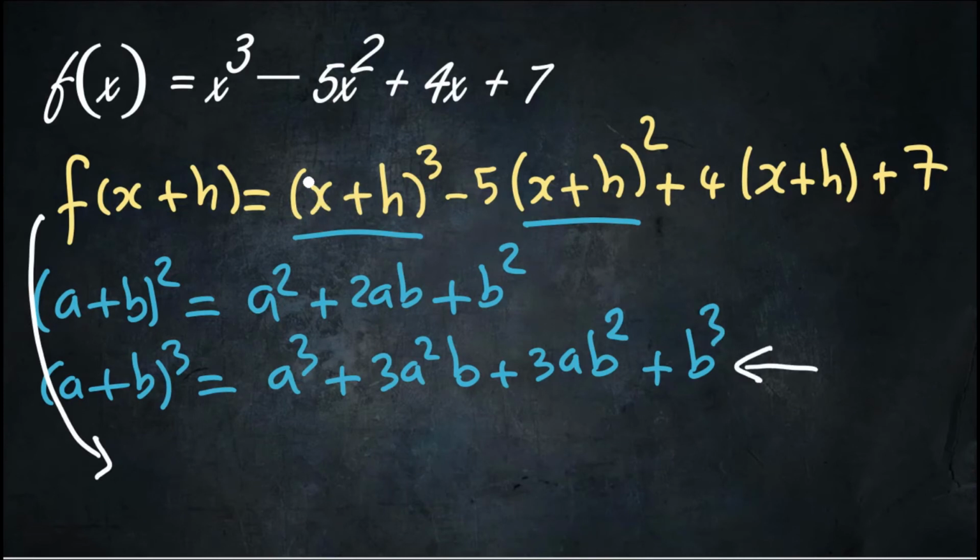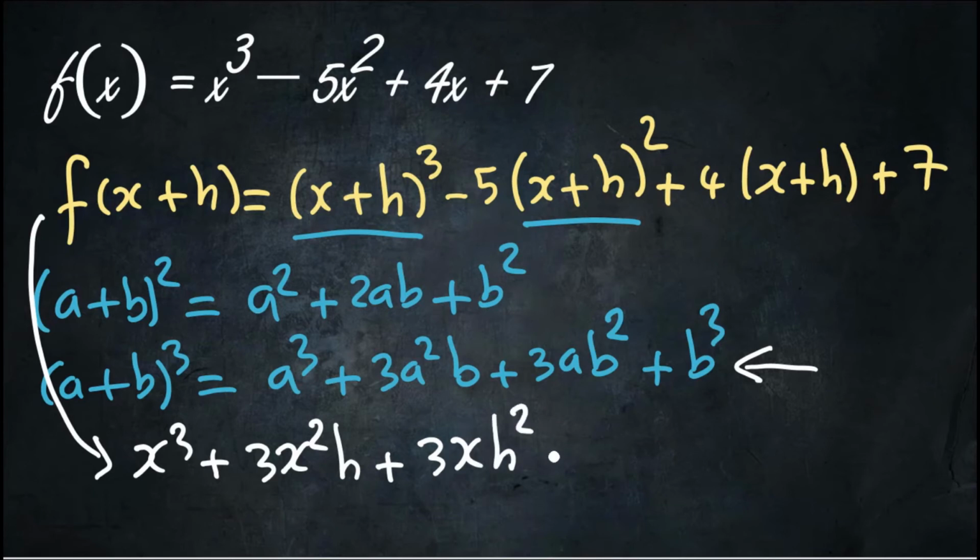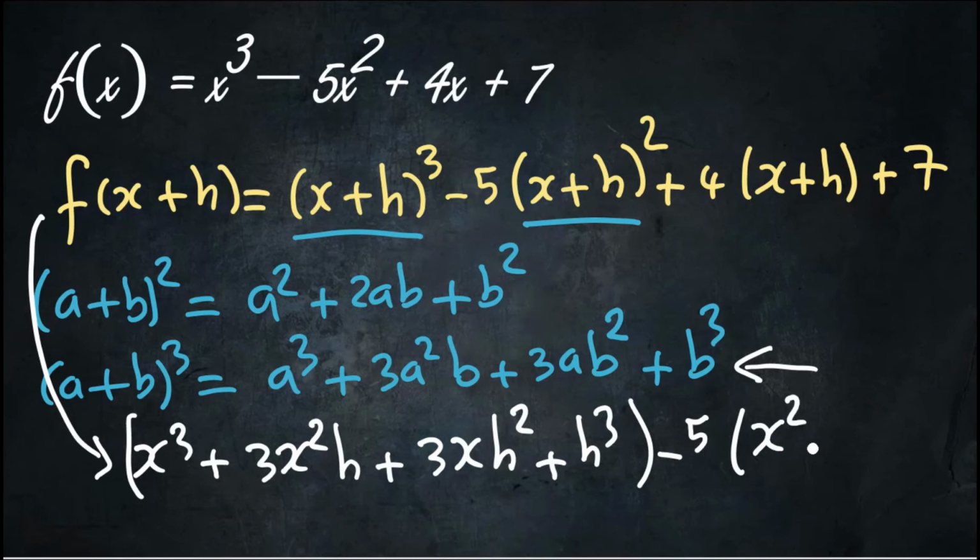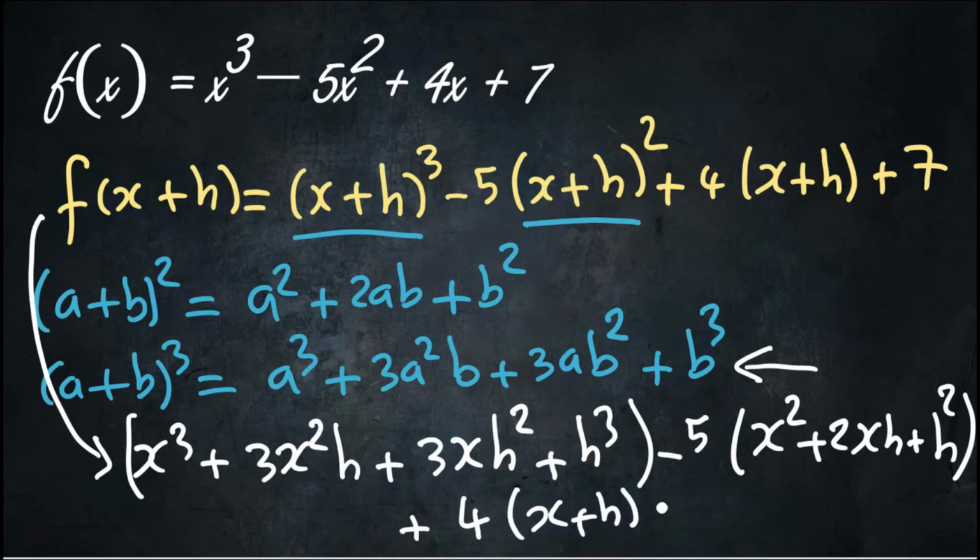According to this, we have x cubed plus 3x squared h plus 3x h squared plus h cubed, minus 5 times (x plus h) squared, which is x squared plus 2xh plus h squared, plus 4 times (x plus h), plus 7.